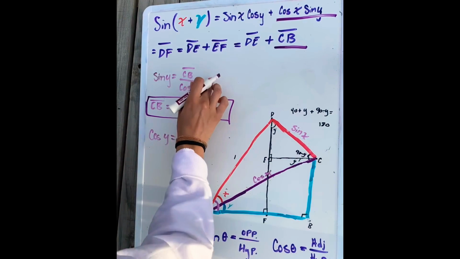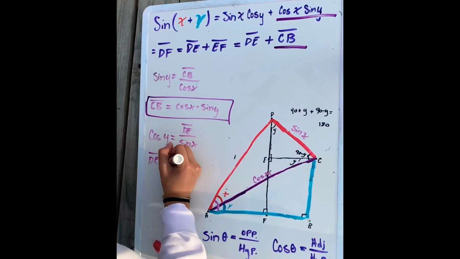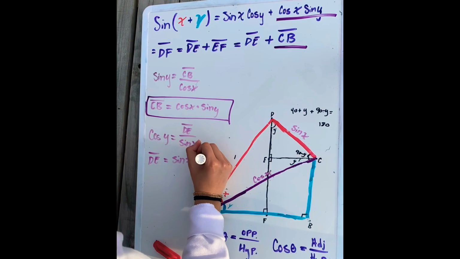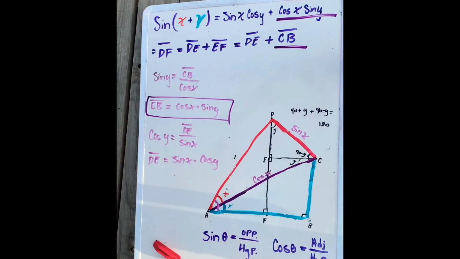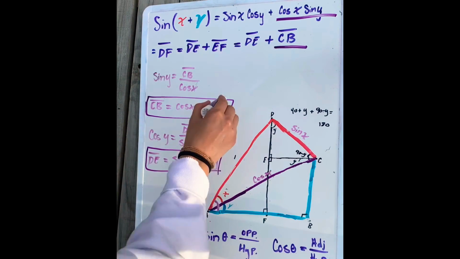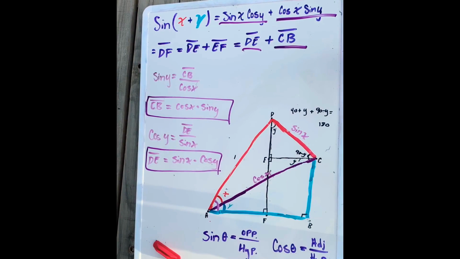And once again, just like before, we can figure that segment DE is equal to sine of x times cosine y. So we've proven that segment DE is equal to sine of x times cosine y.